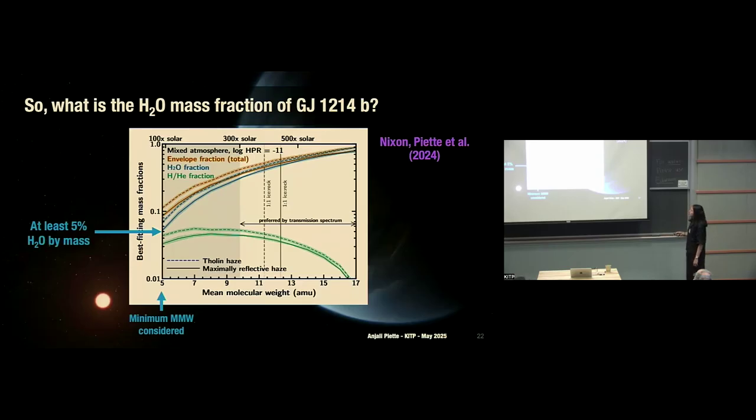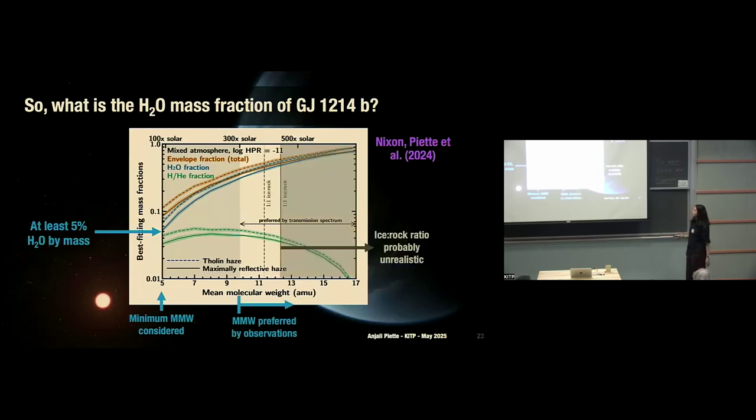Given that we have information from the JWST observations, the mean molecular weight that is preferred is around here, 300 times solar or higher. If we go too high, you need an ice to rock ratio which isn't really realistic, so we're going to rule that out. That leaves this narrow regime of mean molecular weights of this mixed envelope that result in a 30 to 48% water mass fraction in the planet.